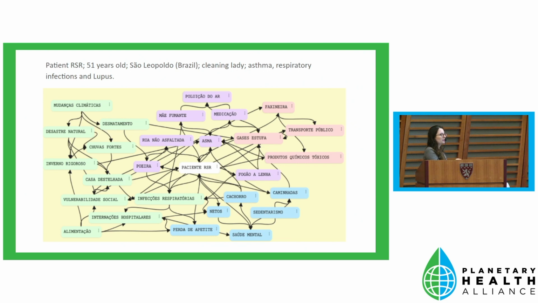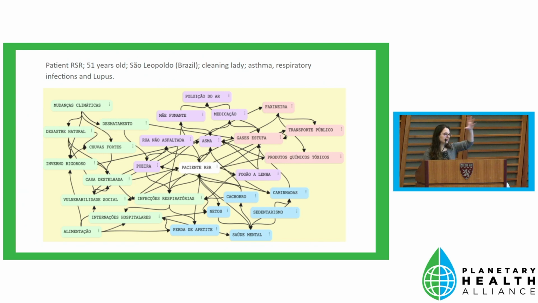So here are some examples of what students did using the actor network theory. They interviewed the patient, put their name in the center, and all elements of the disease of the patient, or family elements, social elements, environmental elements that came in, psychological elements, and also using keywords of planetary health that we asked them to use.